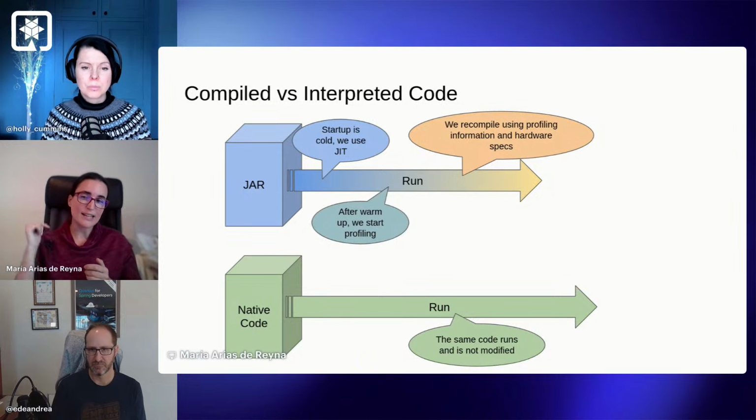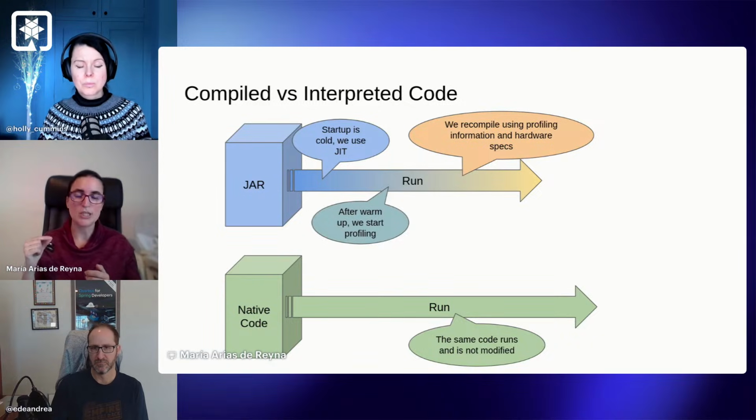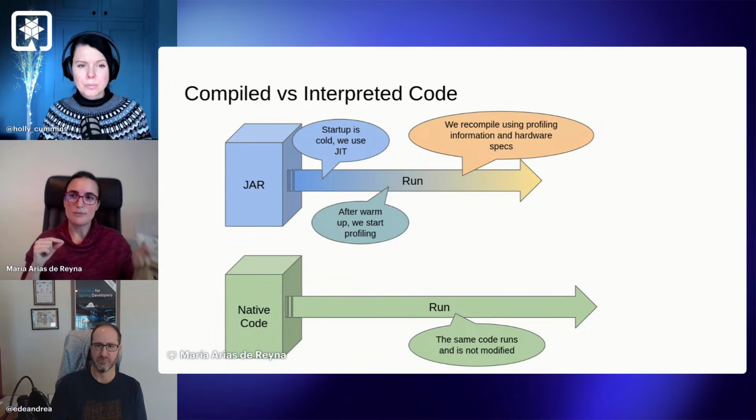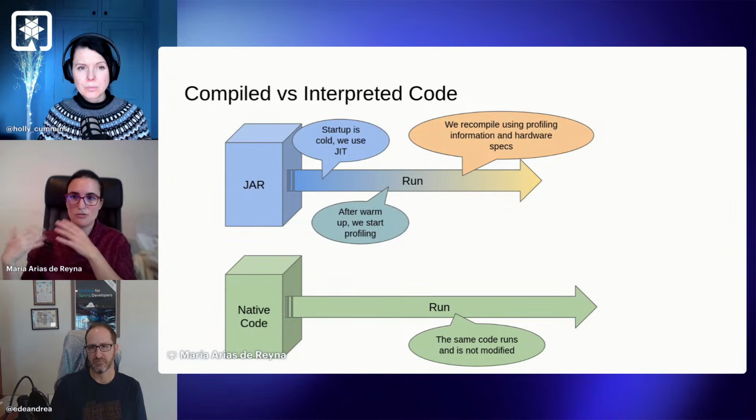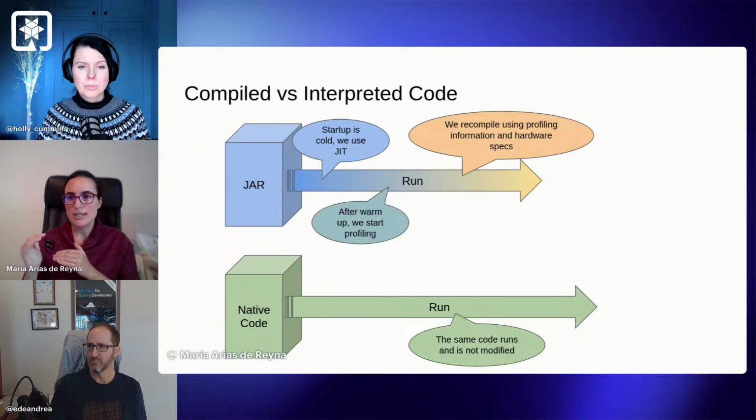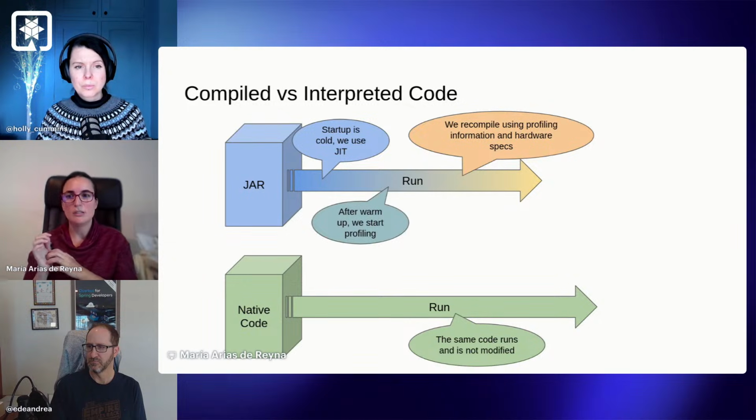Also, it knows exactly your hardware and it knows exactly the version of the CPU that you're using, and it knows exactly, for example, how much memory you're using. And that also helps in the compilation, because instead of using the generic set of instructions for an x86 or AMD64 or whatever, you use the set of instructions specific for that CPU.